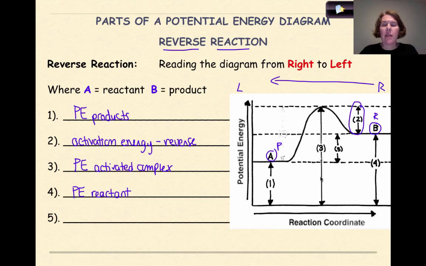And finally 5. 5 is still our heat of reaction, which again we're going to designate as delta H. And it is still the difference between the potential energy of our products and the potential energy of our reactants.